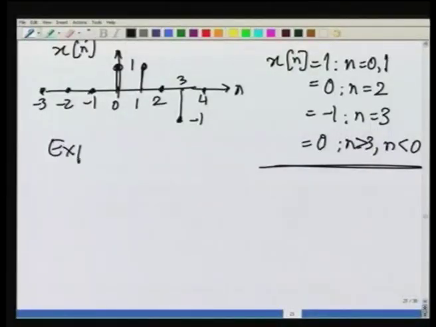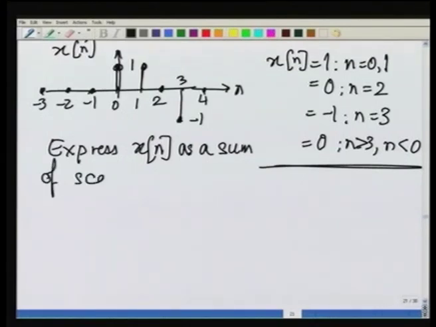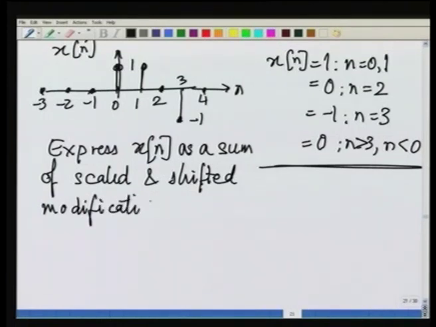So, we want to express x n as a sum of scaled and shifted modifications of delta n. The first point to recognize here is that it should be expressed as a sum.